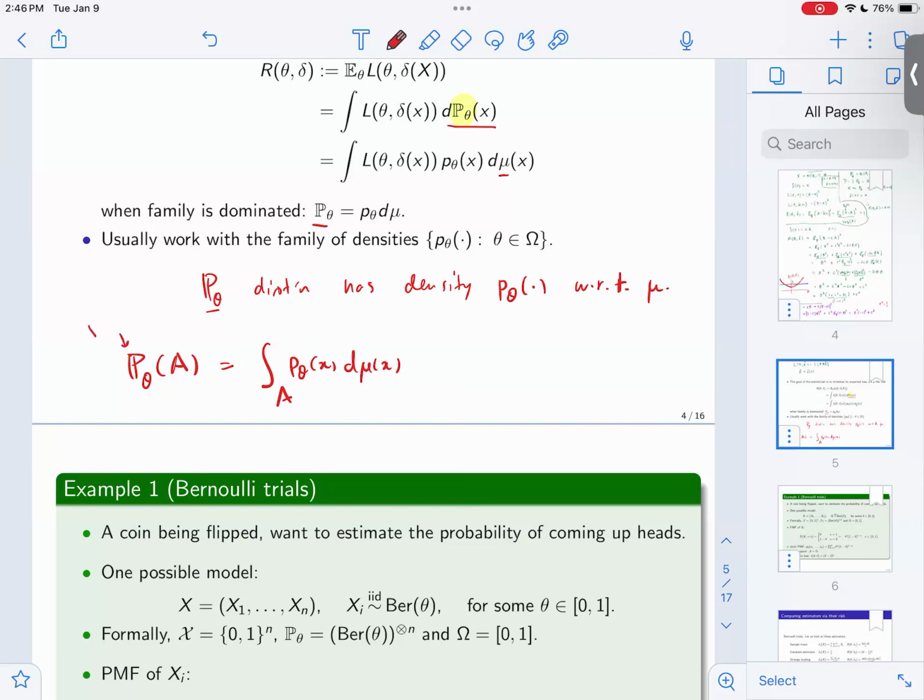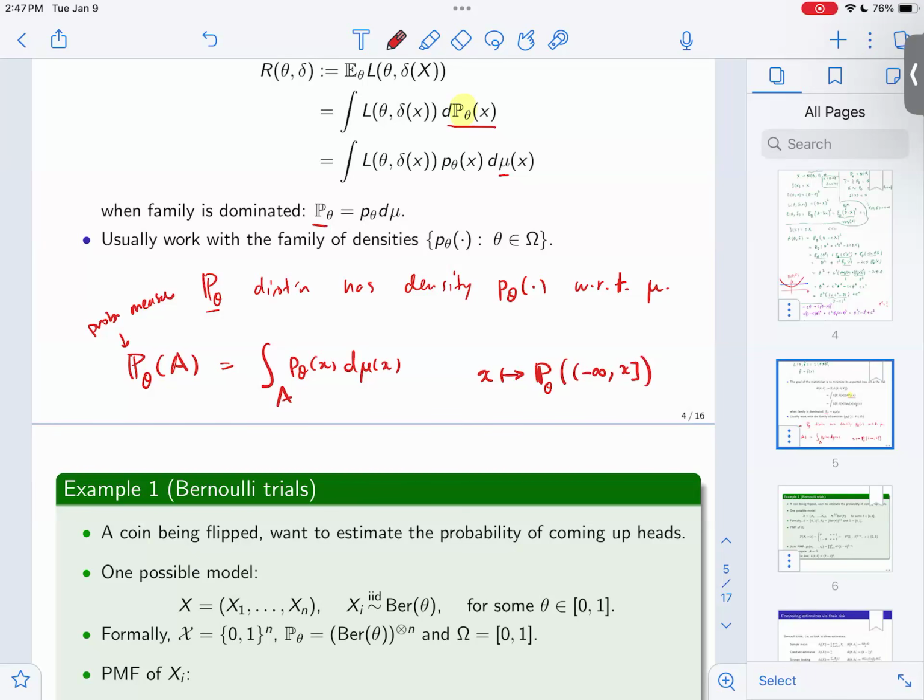So it's like a probability measure. CDF is the cumulative distribution function, right? And so the CDF in this case would be P theta of (-∞, x], a function that maps x to P theta of (-∞, x].